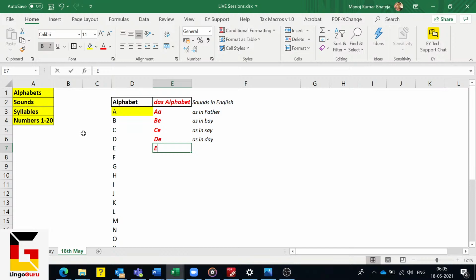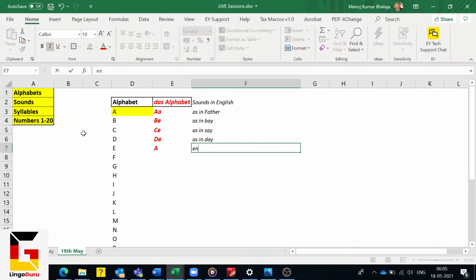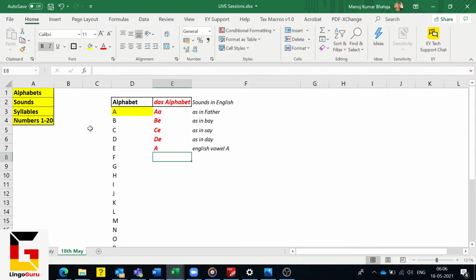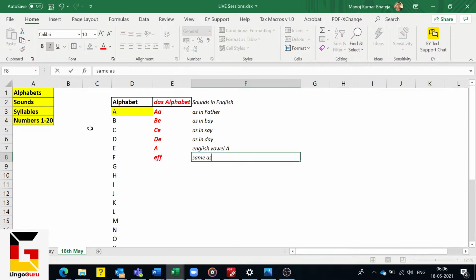The next one is A. Now, this is going to be pronounced the same as the English vowel A. At no stage will we pronounce it as E. We always pronounce this as A, as in egg, right? So we have F, same sound as in English.